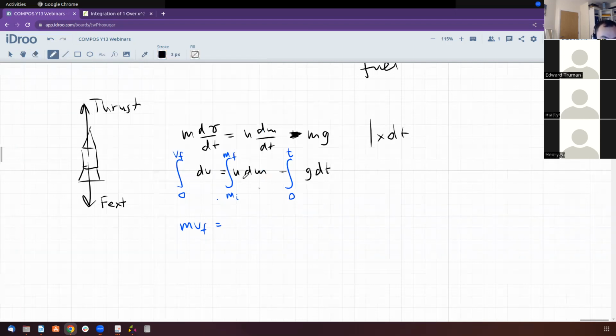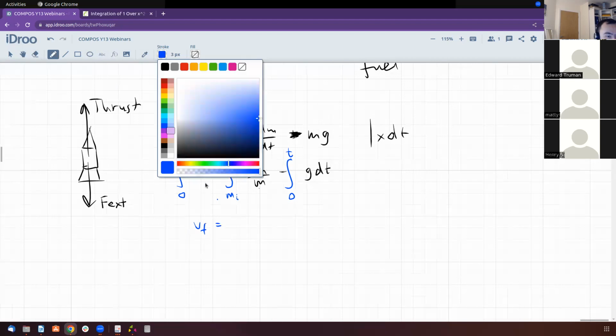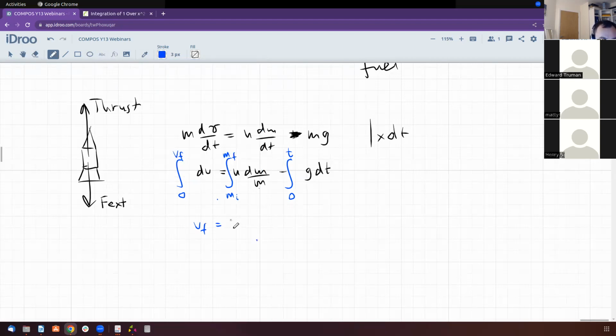So that's dm over m. Vf is equal to u logarithm of mf over mi minus gt.